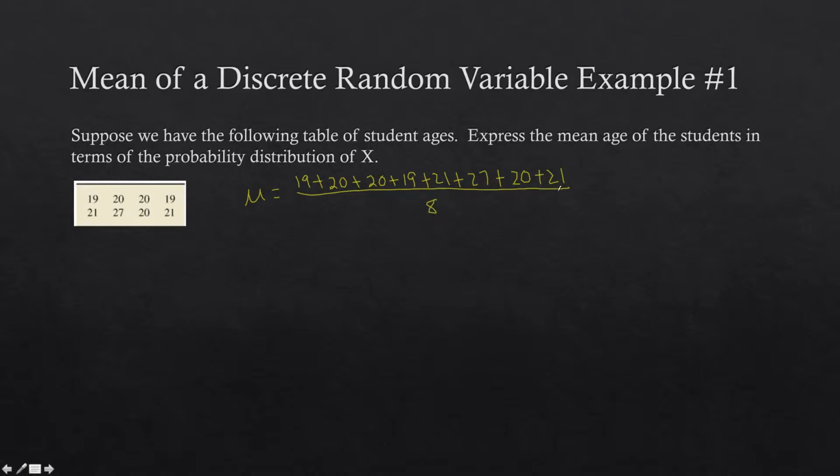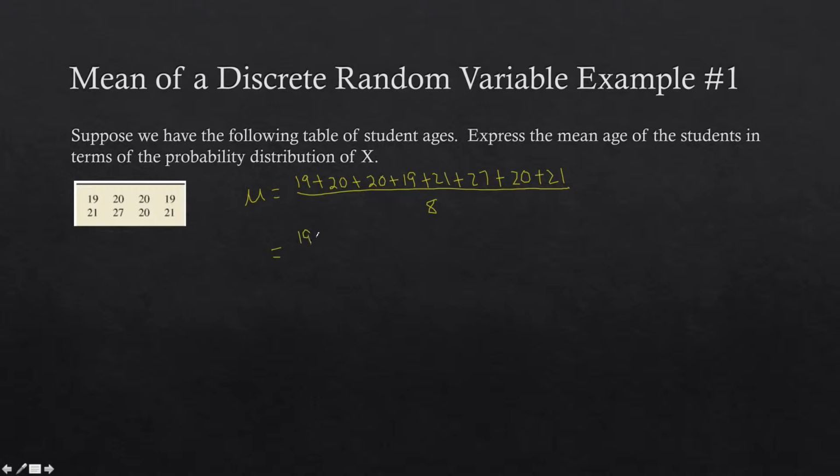At this point, you could very easily punch this out in your calculator, but I want you to look at how we could use probability distribution to help find this mean. Because watch what happens here.